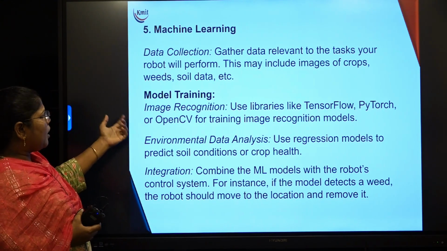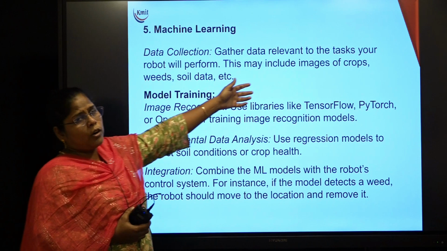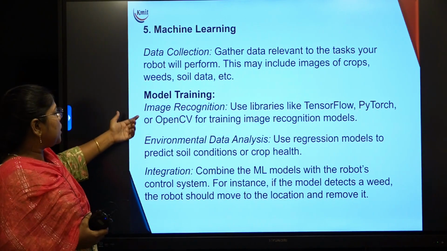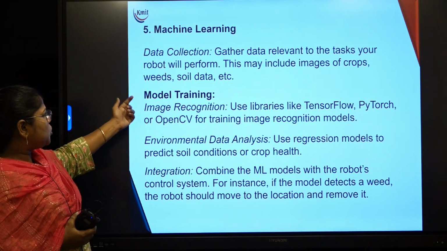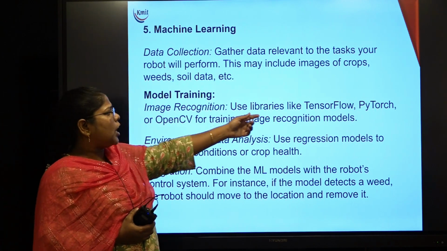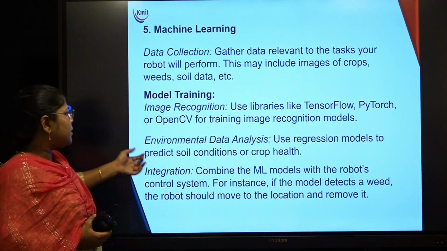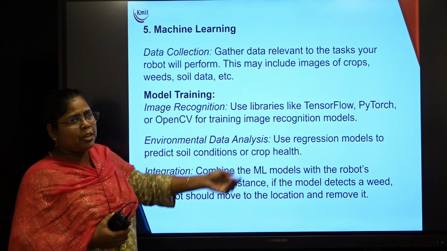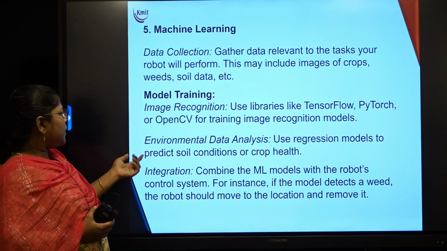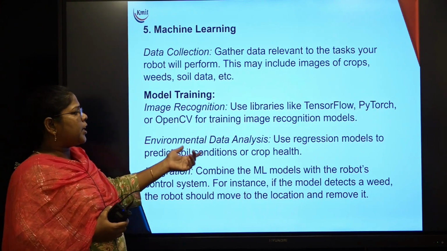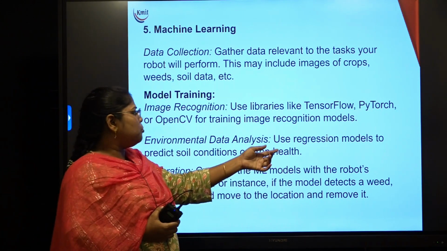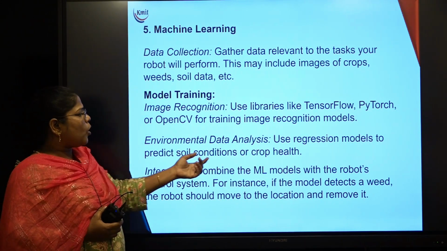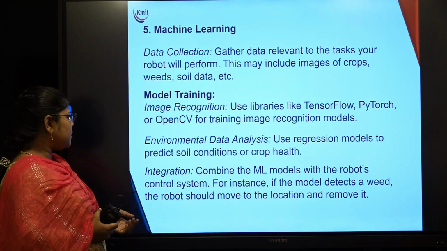In model training, if you have a lot of images, we can choose image processing. Image recognition uses TensorFlow, PyTorch and OpenCV for training the image and recognition. And based on the environmental data, we use regression models to predict the soil conditions or the crop health.